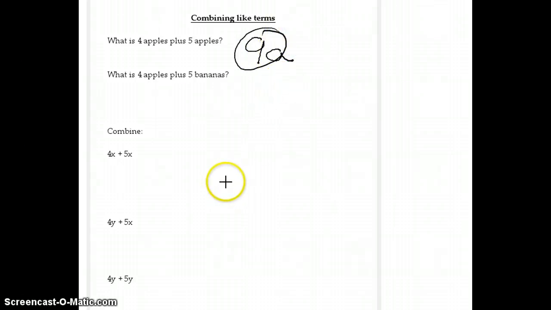But if somebody said there are 4 apples and 5, I hate this word, bananas, then I don't think there's anybody out there who would say there are 9 apple bananas, okay? So I want you to think about that in the context of combining like terms. Do we have a similar term?